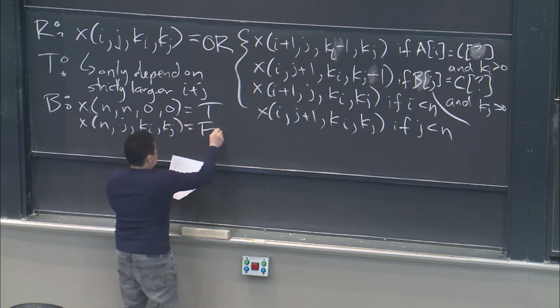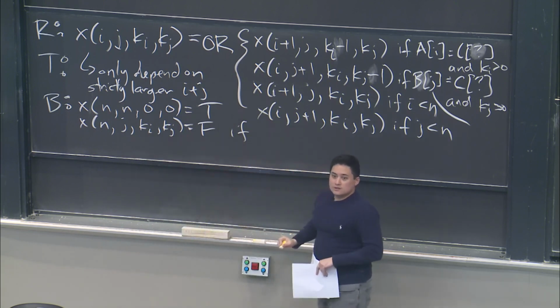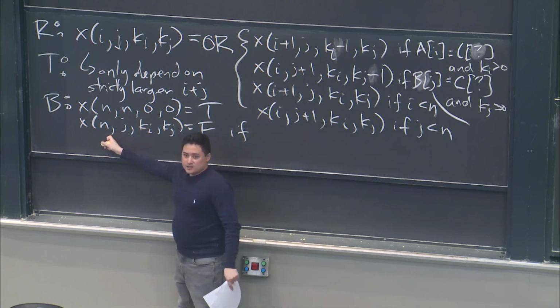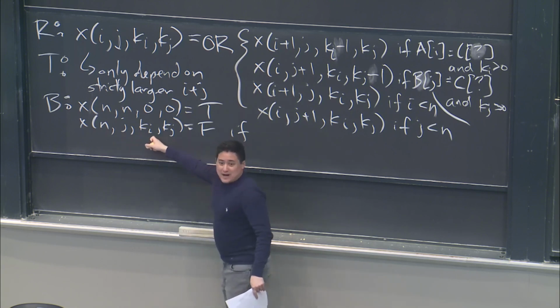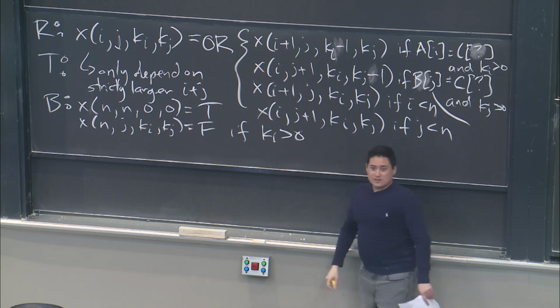this is going to be false if what? If we have nothing left in A, but this guy is positive, we got problems, right?